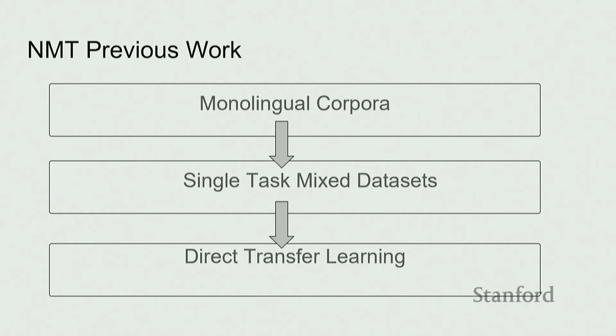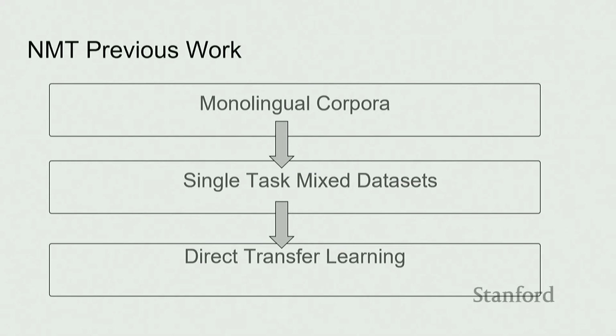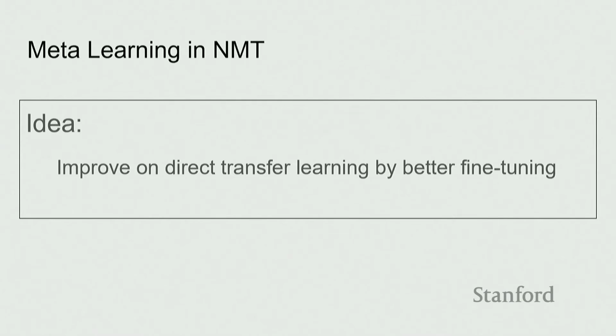After that, they applied direct transfer learning methods, initially training a model on English to German and then fine tuning on a different data set for English to French. So the idea here was that we could use meta-learning for optimizing fine tuning on low resource pairs so that learning would go much faster and more efficiently.